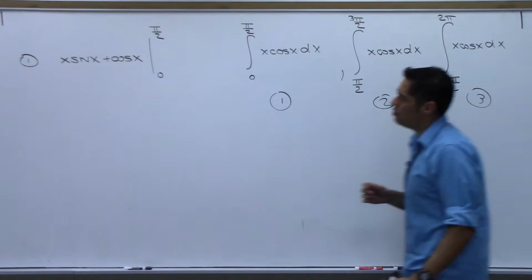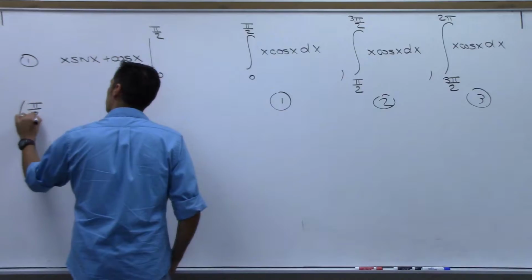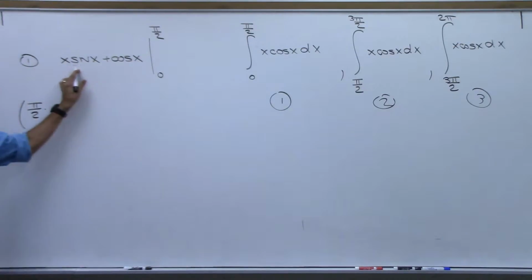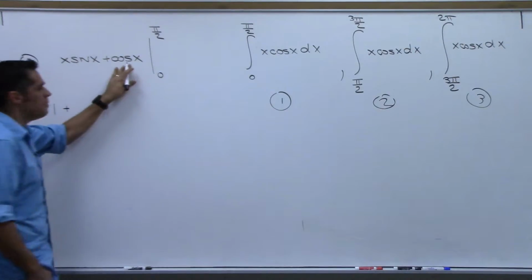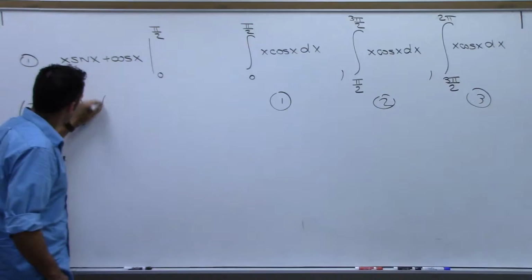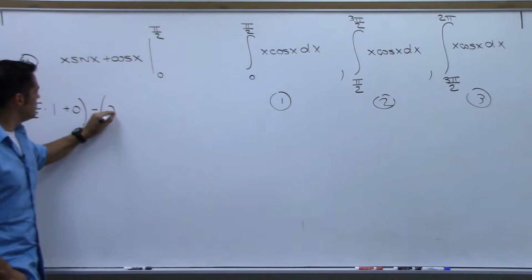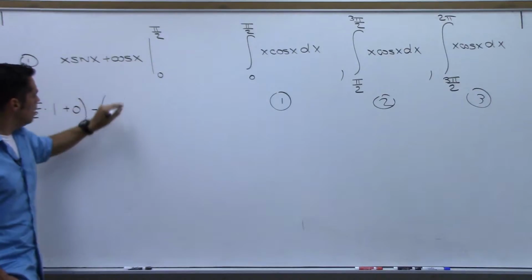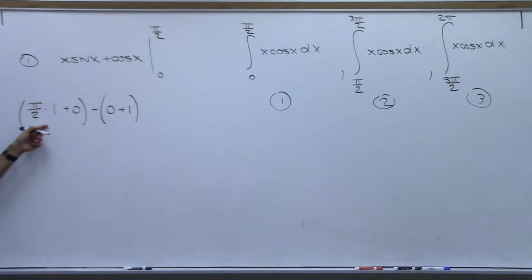Plug pi over 2 in first: you get pi over 2 times sine of pi over 2, which is 1, plus cosine of pi over 2, which is 0. Minus, and now I plug in 0. The 0 is out here, and cosine of 0 is 1. So you get pi over 2 minus 1. Yeah? Pi over 2 minus 1.